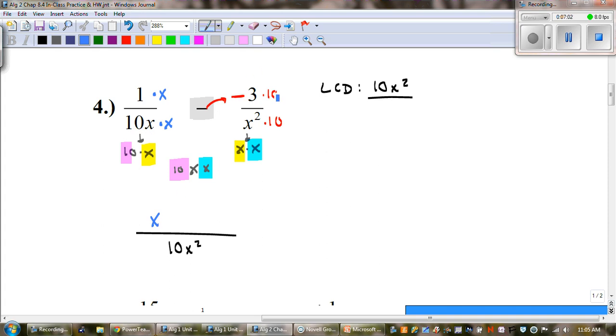And negative 3 times 10 is going to be negative 30. And we need to ask ourselves, can I do anything to that? No, there's nothing we can factor. So our final answer is x minus 30 over 10x squared.